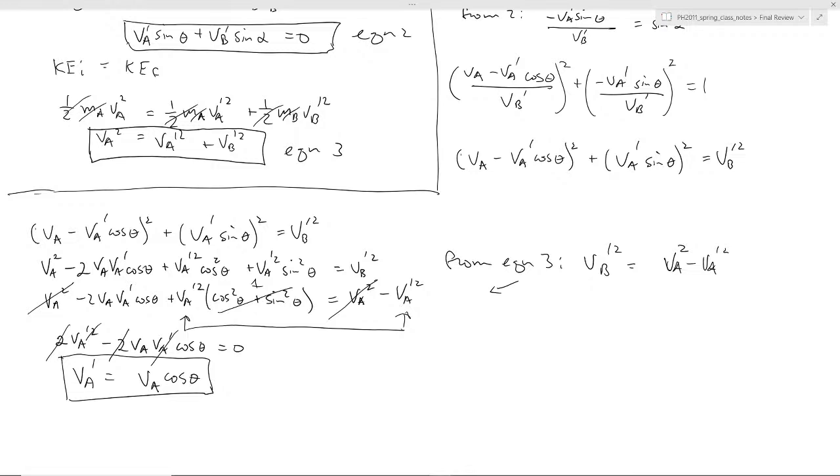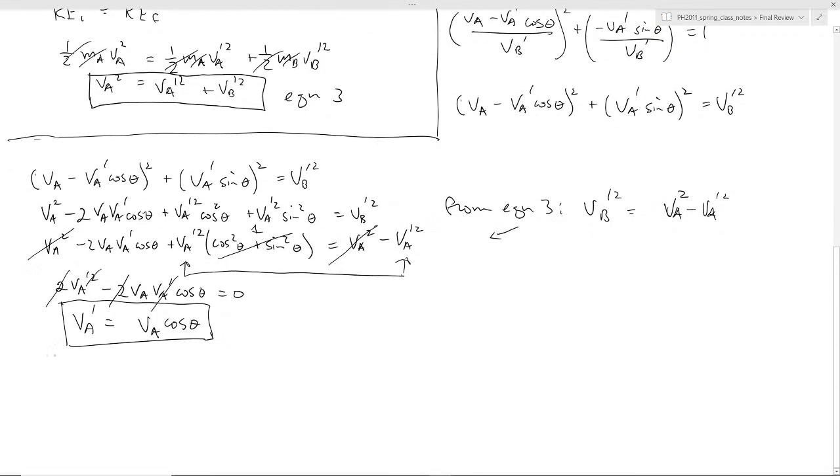So if we know VA prime, we can get VB prime in a variety of ways, but equation 3 seems to jump out. So notice we can substitute in for VA prime, and then we'll be left with an expression that just has VA and VB.